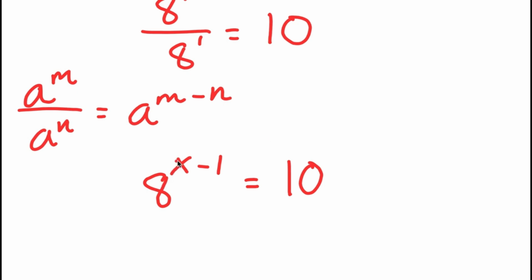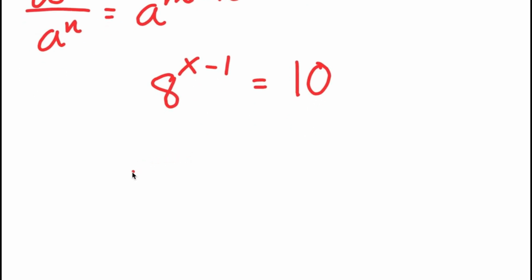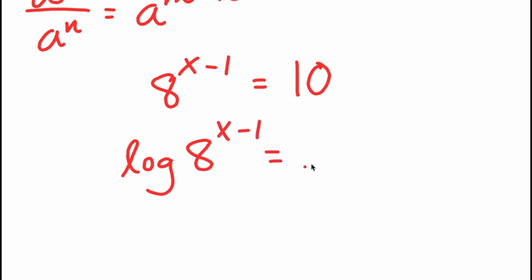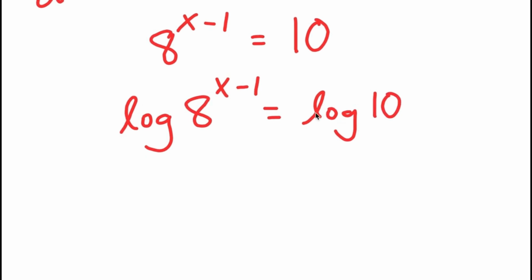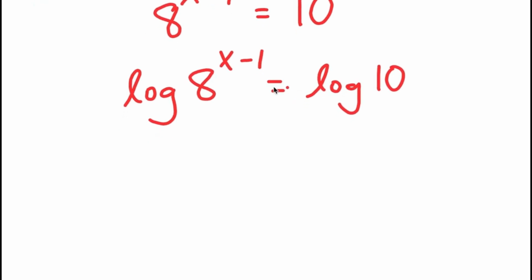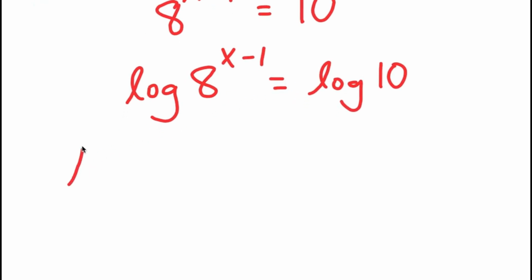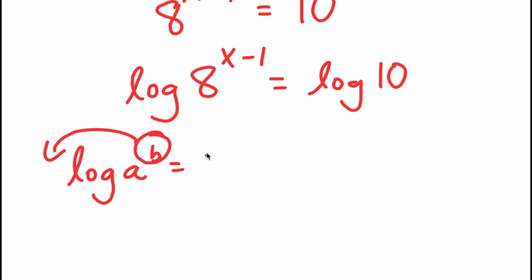Now from here, I'm going to take the log on both sides. So I get log of 8 to the power of x minus 1 is equal to log of 10. And the reason I took the log on both sides is because now I can use the property that states that if I have something in the form log a to the power of b, I can move this exponent b to the front, so this can equal b times log a.